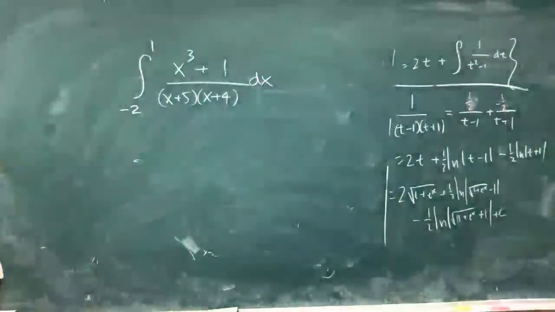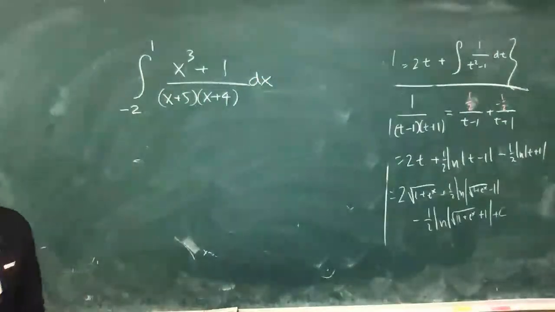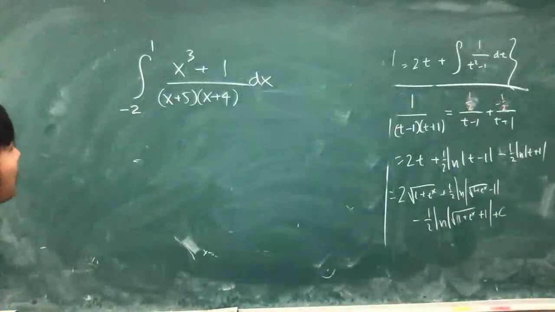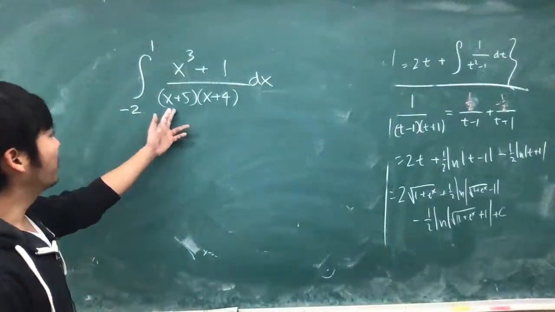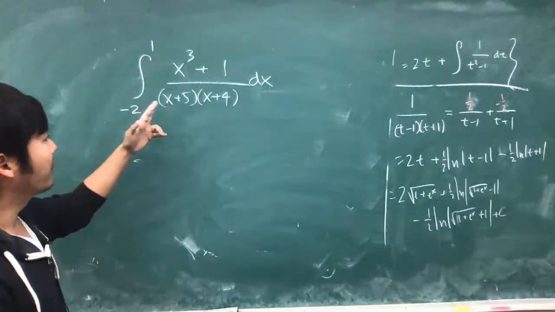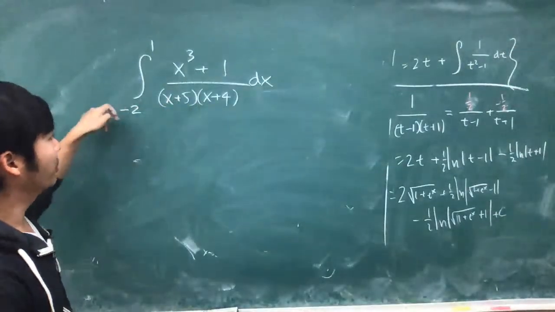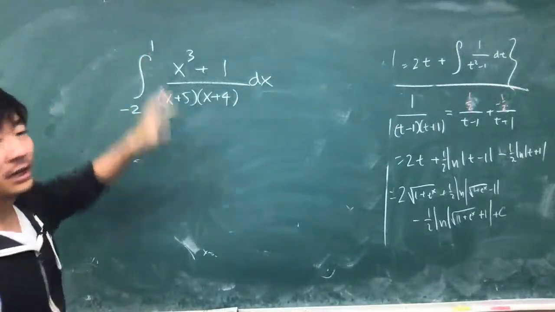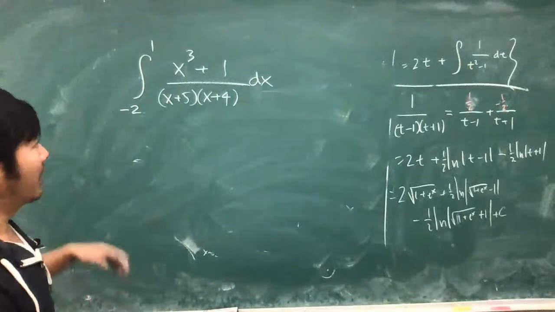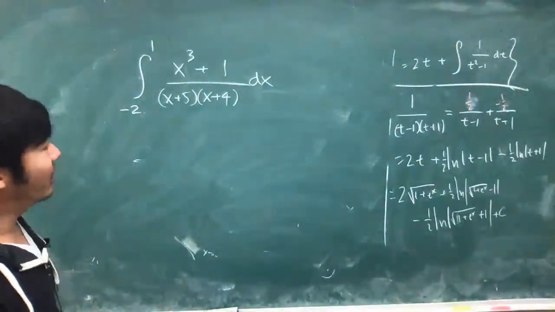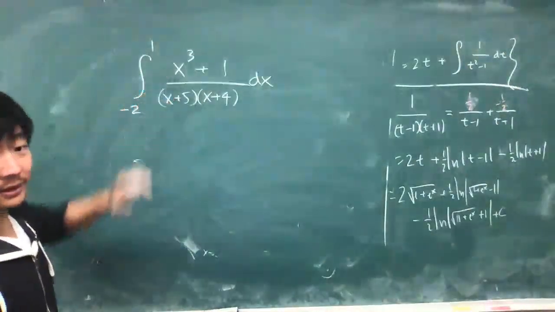All right, so this one is going to be an integration of a rational function, and it would be bad if we were integrating over -5 and -4, but we're not, because it's going from -2 to 1, so we can just integrate as is. So now we need to do polynomial long division of this guy, okay?